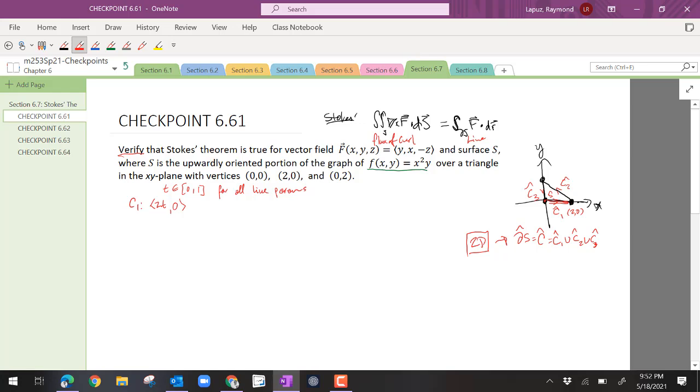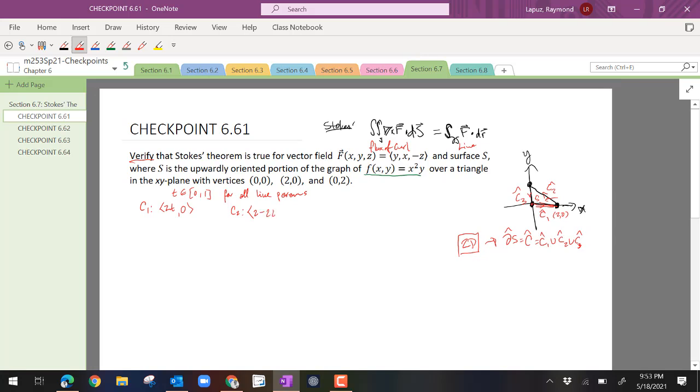Okay, so that's C1. Again, we're still in 2 dimensions, so we'll kick it up to 3 dimensions after we figure out all the components. C2, in the x component, the x is going to go from 2, 0 to 0, 2. So your x component is going to shrink down. If you put 2 minus 2t, that'll bring it back down to 0.